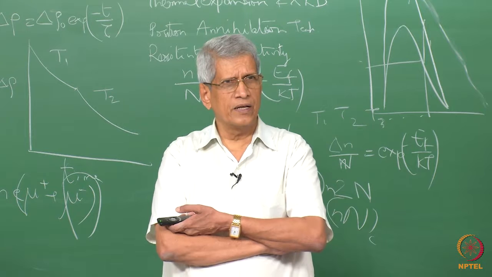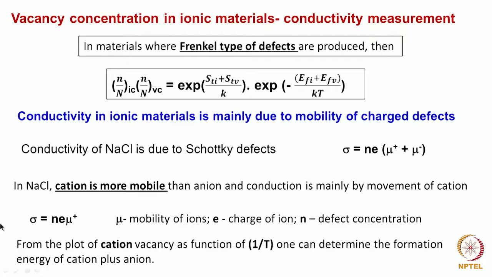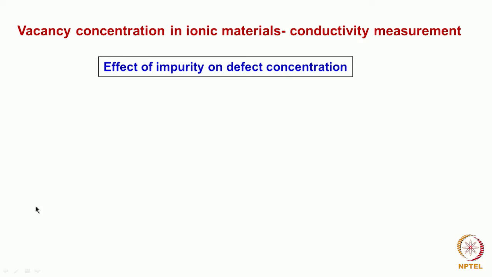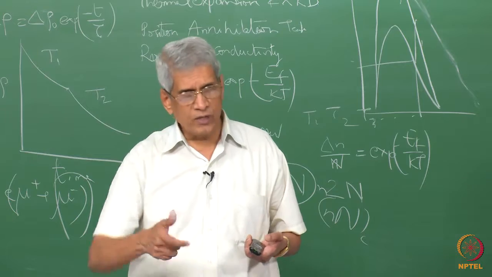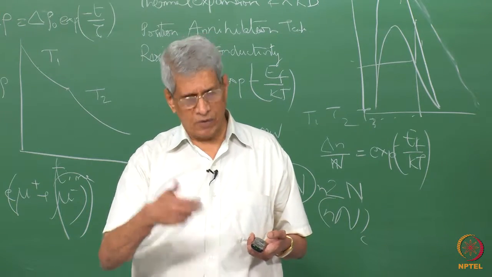But since here the cation moves rather slowly, it not only gives the formation energy, it essentially gives the diffusion of the ion itself. That is, it will now be formation plus the mobility, because the rate at which it moves is not like that of an electron. So the mobility information also comes into the picture. This will become clear as we go along.